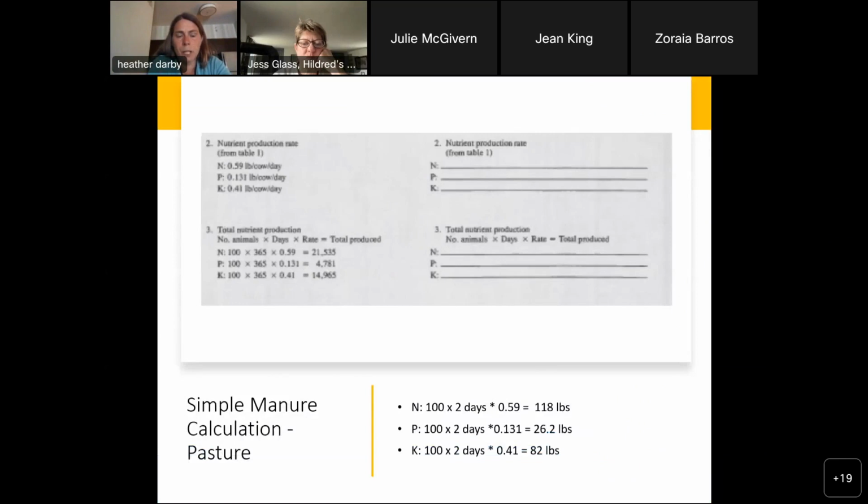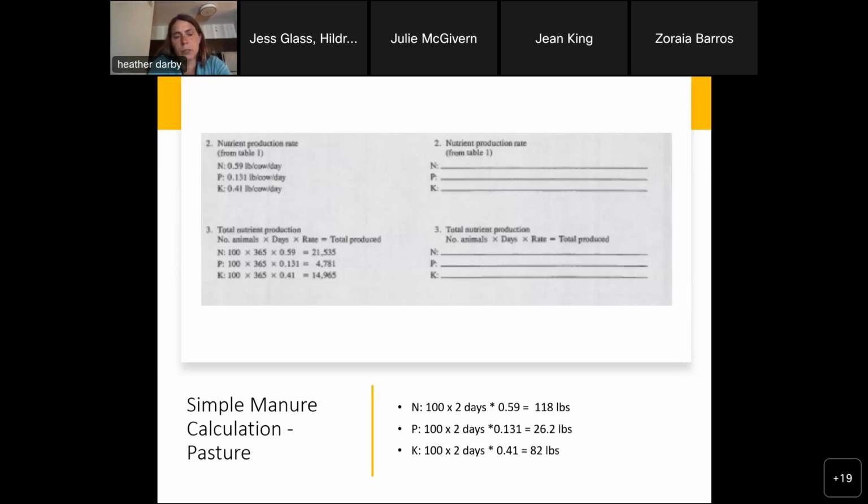And then if you multiply that by whatever number of days that you have the animals on a pasture, you can calculate the pounds of nutrients that are being added to the soil.